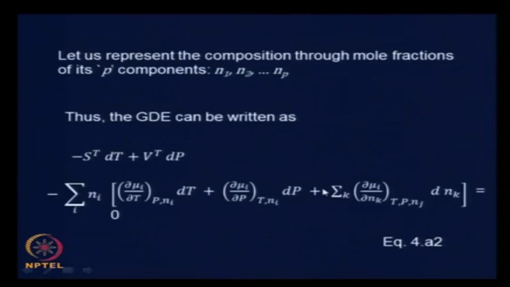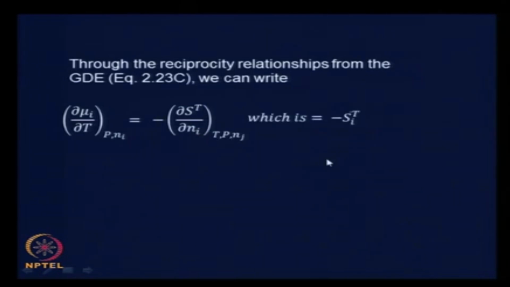Try to figure this out from this equation here, or even the previous one, the compact GDE: dou mu_i dou T at constant P and N_i equals minus dou S_t dou N_i at constant T, P and N_j, which is nothing but minus S_i bar.